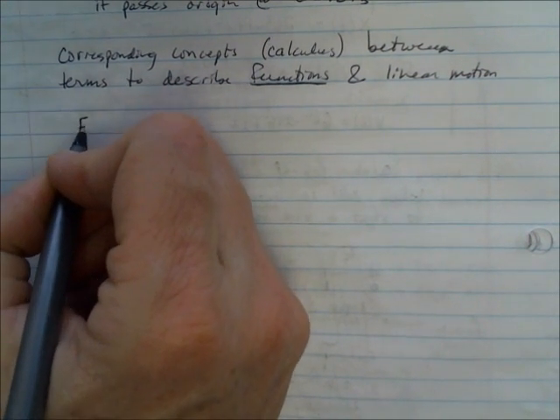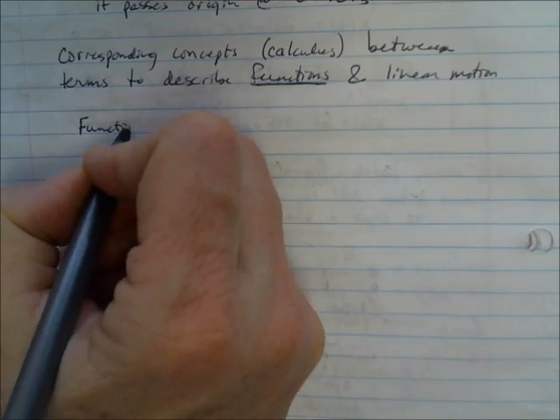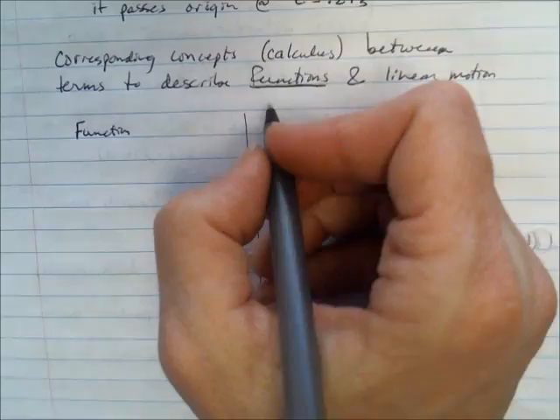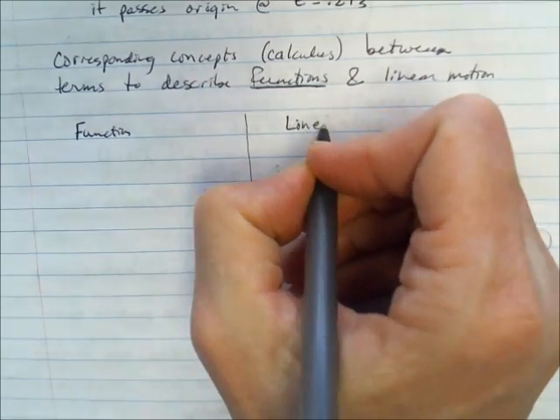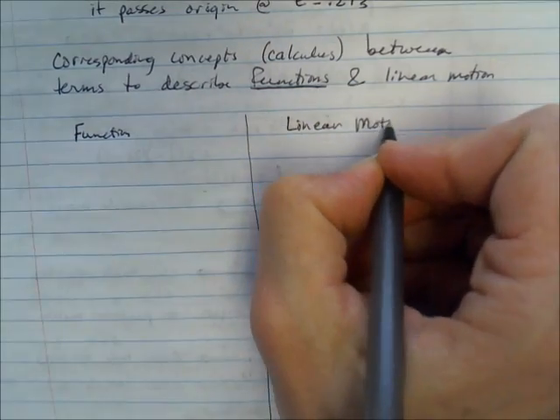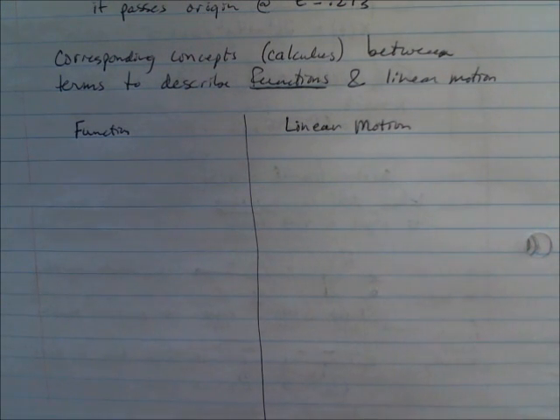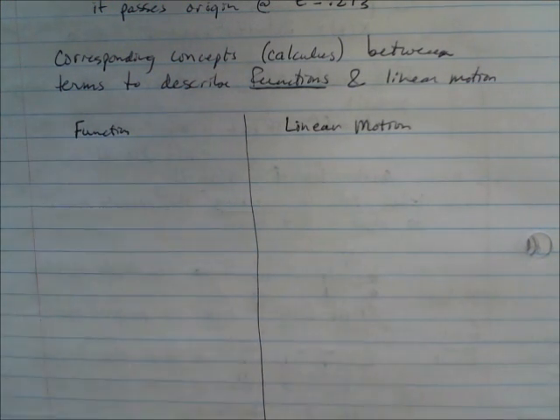So we have the idea of a function, and we have an idea of linear motion. And linear motion means it's just moving to the right or left, or an object is moving up and down vertically. So this is either vertical or horizontal motion.